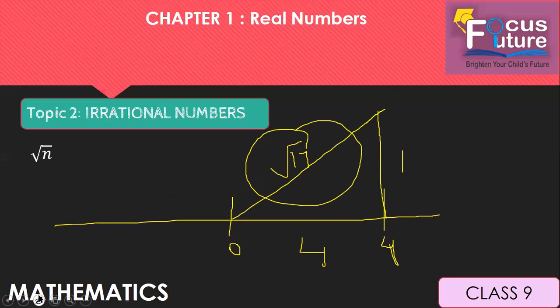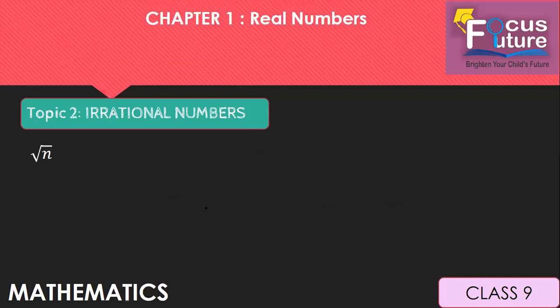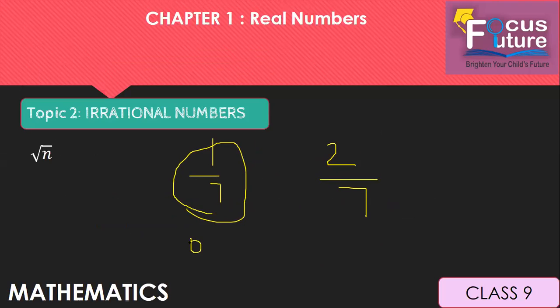Let's say, for example, I have to find an irrational number between 1 by 7 and 2 by 7. If I divide 1 by 7, I would get 0.14287, and it is non-terminating.